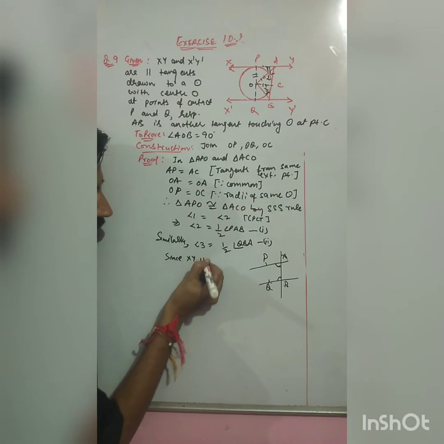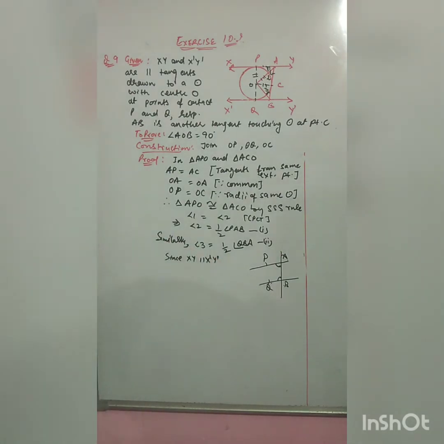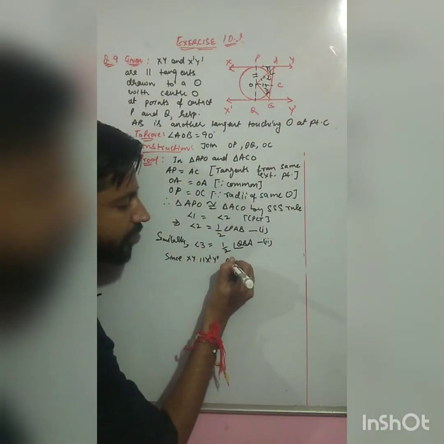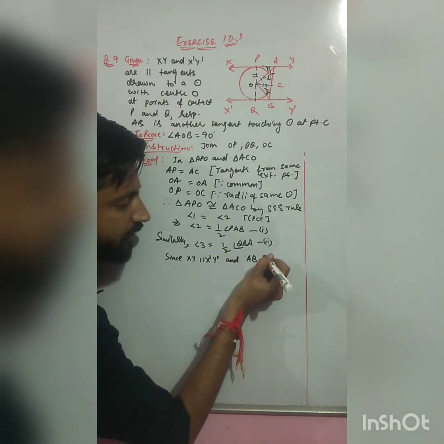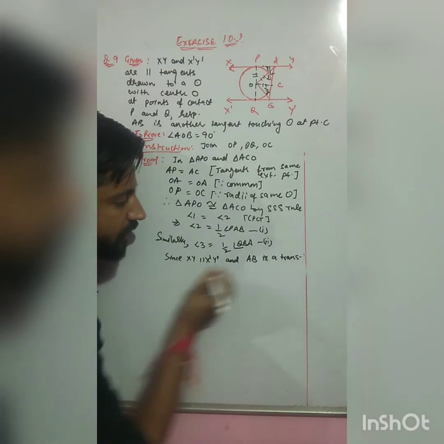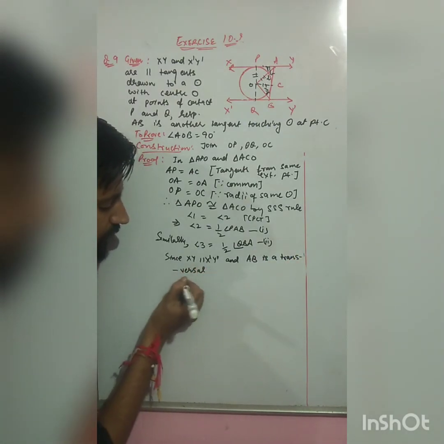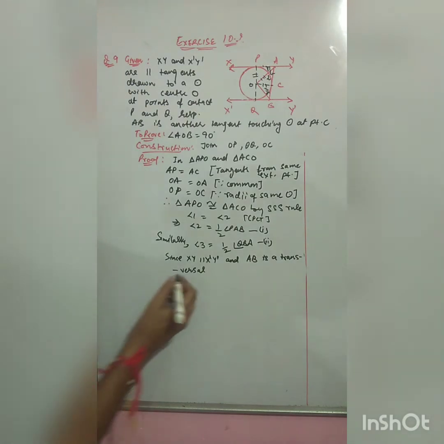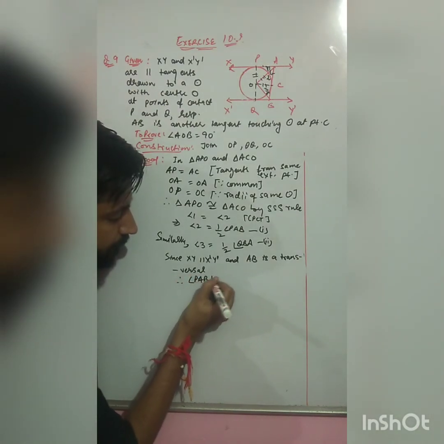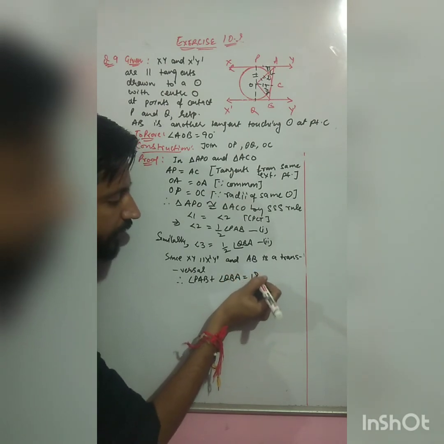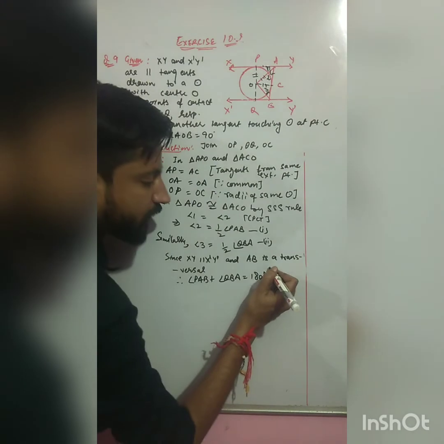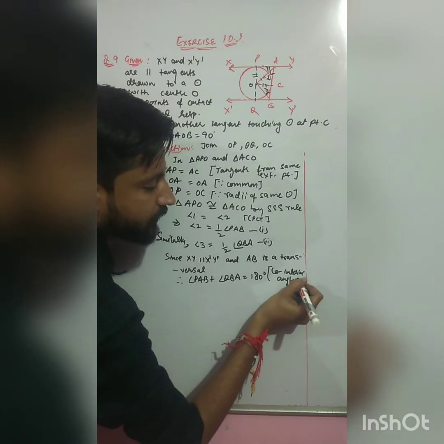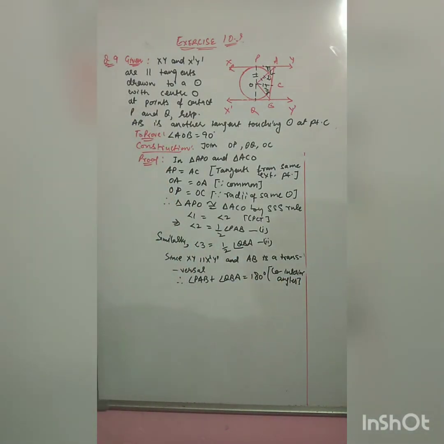Since XY is parallel to X dash Y dash and AB is a transversal, angle PAB plus angle QBA is equal to 180 degree. Reason for this is co-interior angles.